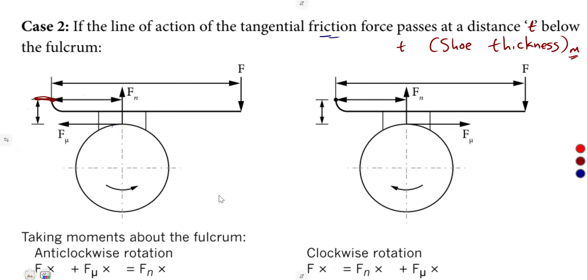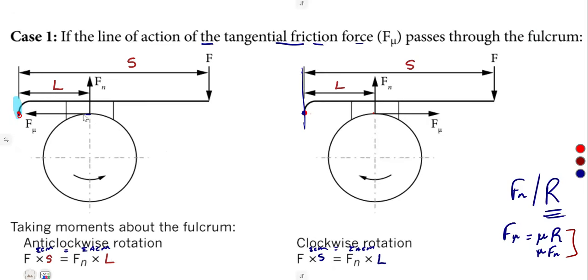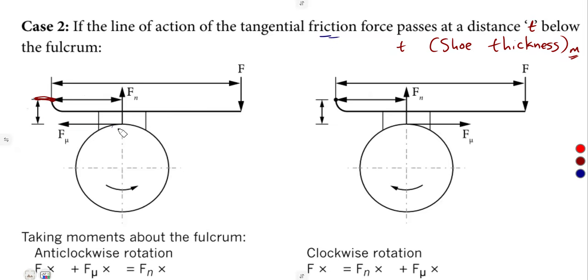Just like what we had before, it was straight passing through the fulcrum. But this time, it is found at a distance below. That distance will represent the shoe thickness.